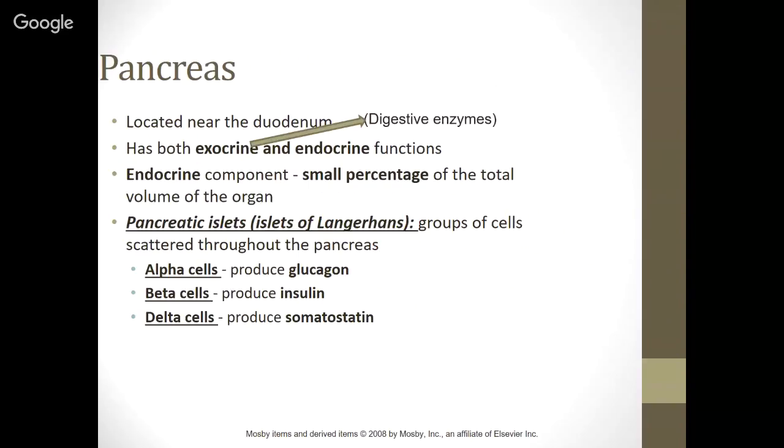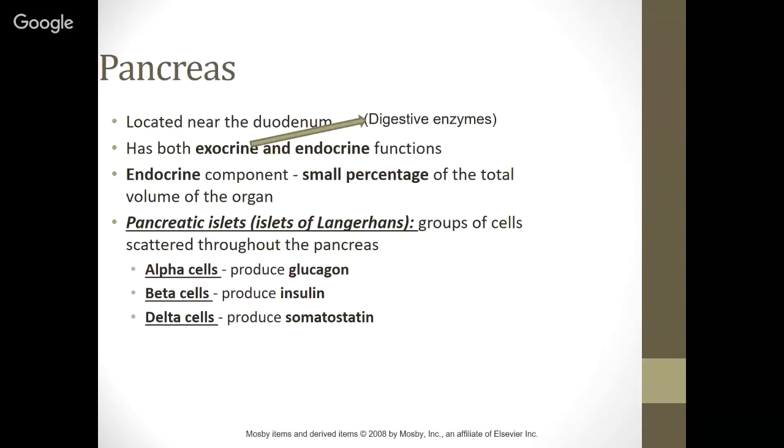The endocrine component is just a small percentage of the total volume of the organ, and it exists in the pancreatic islets, or islets of Langerhans, which are a group of cells scattered throughout the pancreas. There are alpha cells which produce glucagon, beta cells which produce insulin, and delta cells which produce somatostatin.